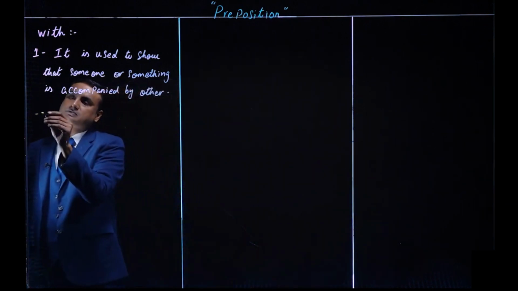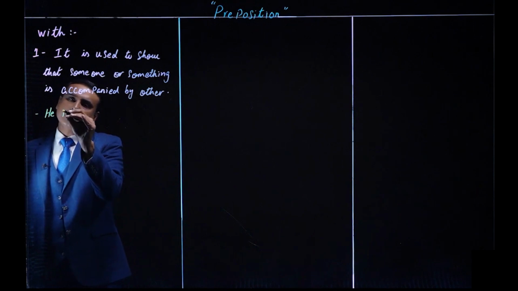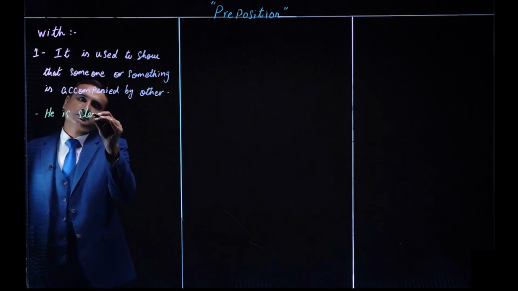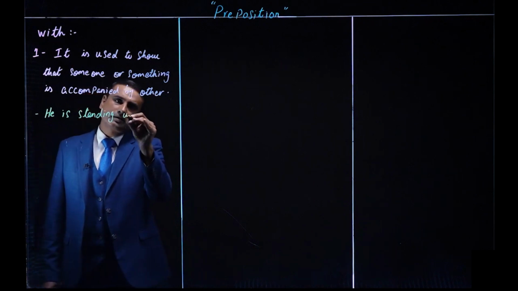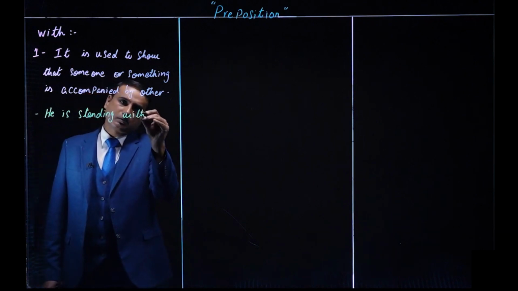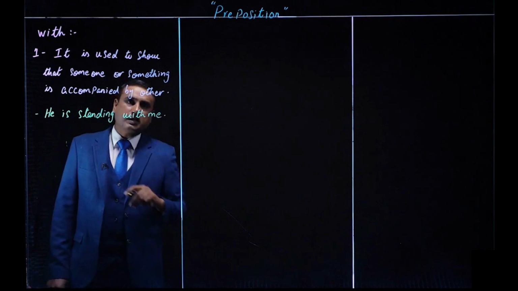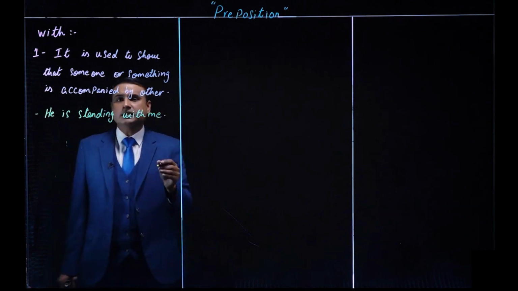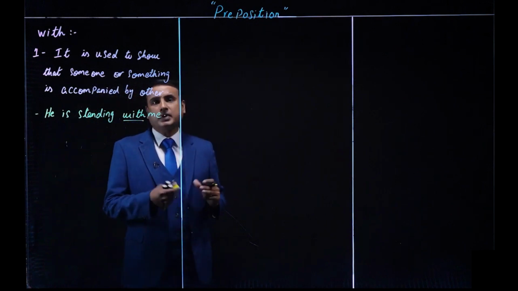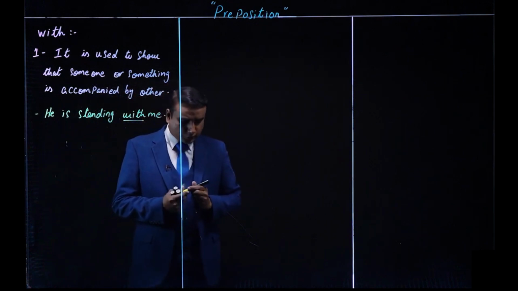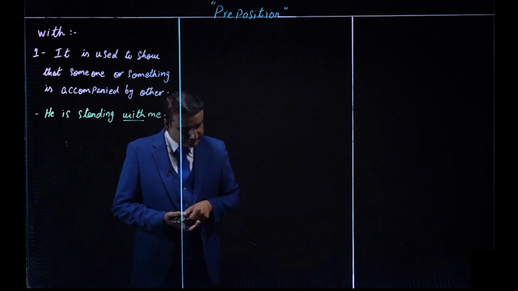For example, he is standing with me. So here I am telling actually that he is being accompanied by me. So एक तो हम इसके लिए यूज करते हैं.